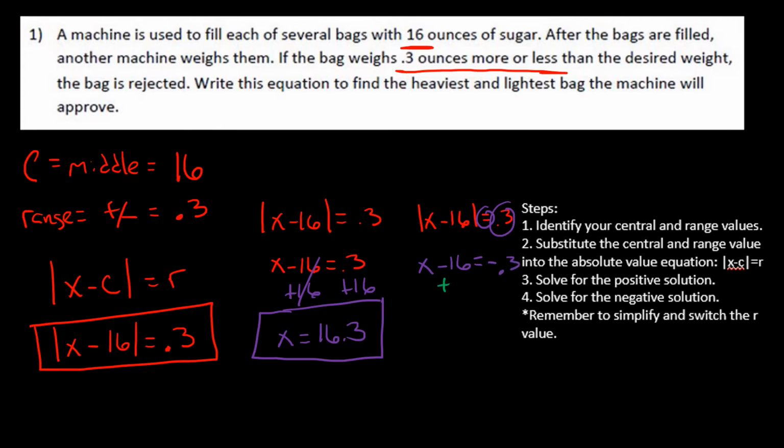To solve, we would add 16 to both sides, and I get x is equal to, well, 16 minus 0.3 would be 15.7. And these are our answers here. Okay, we have our positive solution, our negative solution, applying essentially the KISS method.